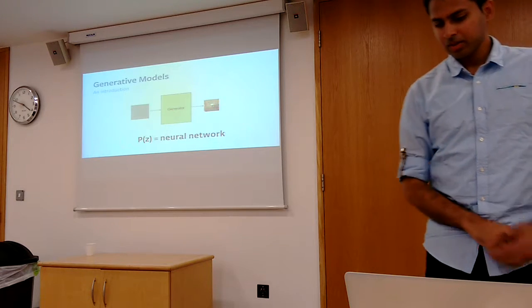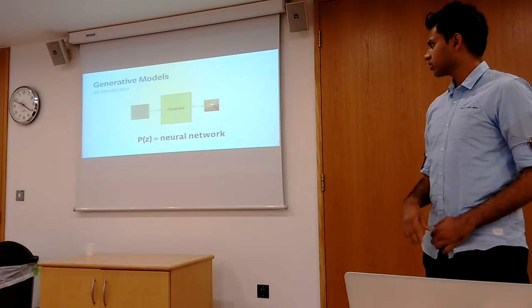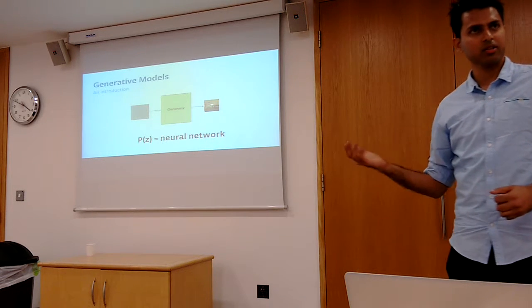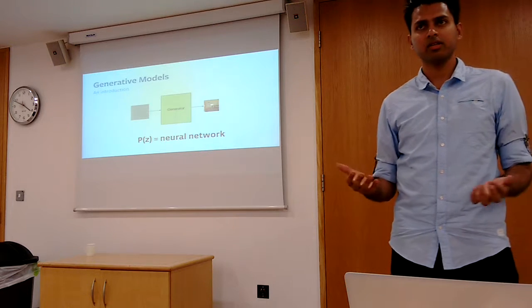And to take this one step closer to adversarial networks, the generator here can be a neural network that can be trained just via standard gradient descent.